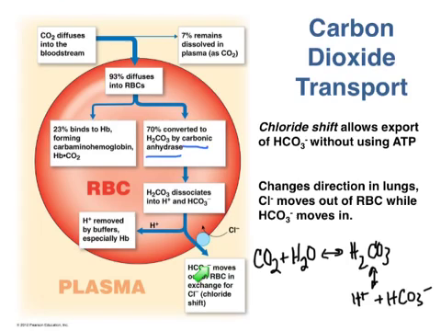The carbonic acid bicarbonate system is really the most important buffer system in the blood, because if you have excess hydrogen ions in the blood, they can combine with bicarbonate to form carbonic acid. So bicarbonate can help trap excess hydrogen ions and keep that blood pH at a stable roughly 7.4.